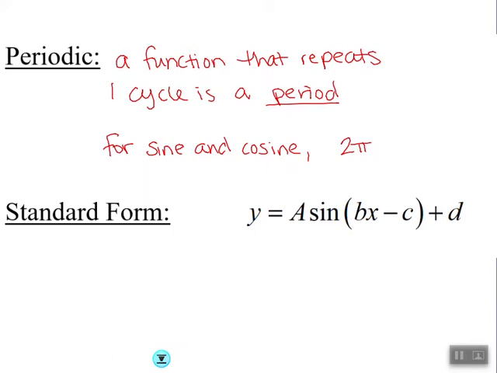Here we have standard form for a trig function, and it doesn't matter if this is sine or cosine, it's the same format. A is going to be our amplitude, and when we talk about amplitude, we want the absolute value of A. This tells us the height of our graph.